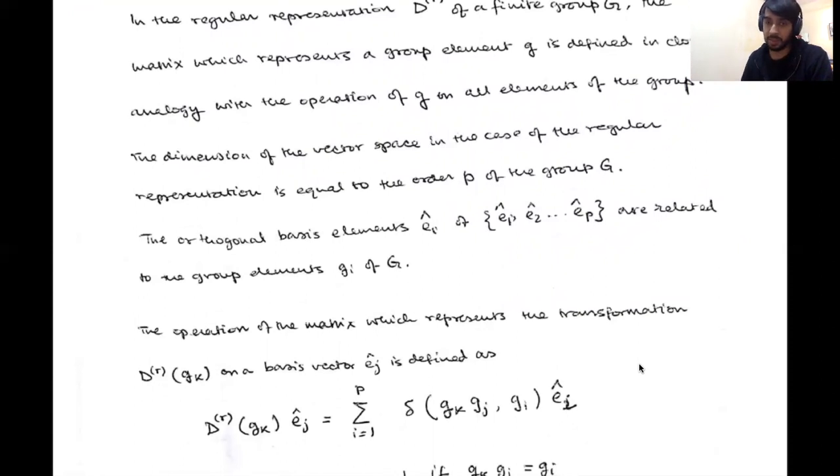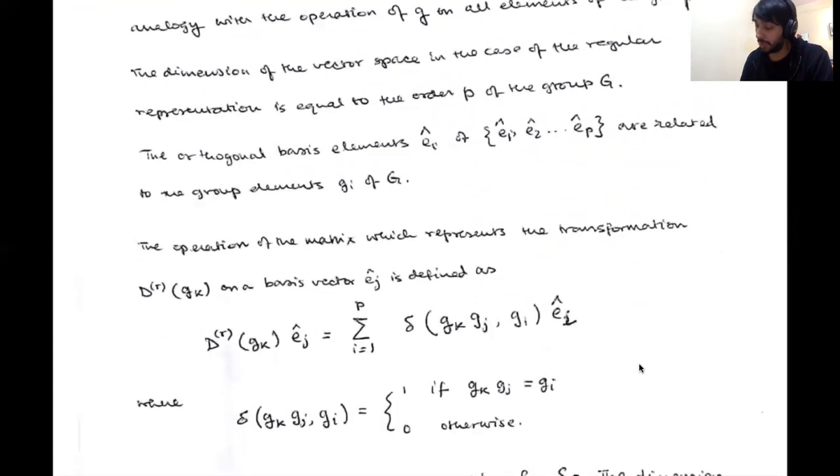And what we will see is that the orthogonal basis elements EI are related to the group elements GI of G. So we are going to first define it in an abstract way. The operation of the matrix which represents the transformation GK on this basis vector EJ is defined by something like this.